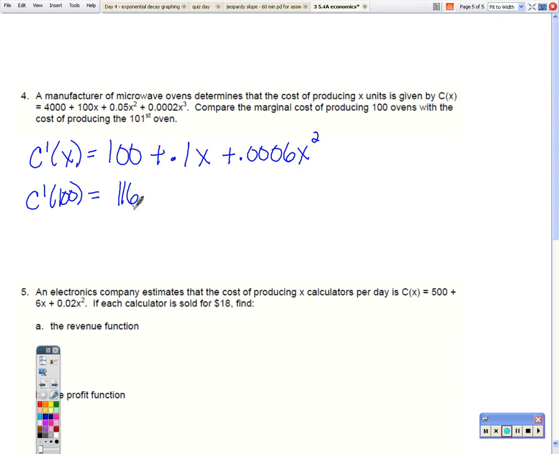Now comparing that to the cost of the 101st, when you plug in 101 to your original cost, then we're going to subtract when you plug in 100, and that is $116.11.